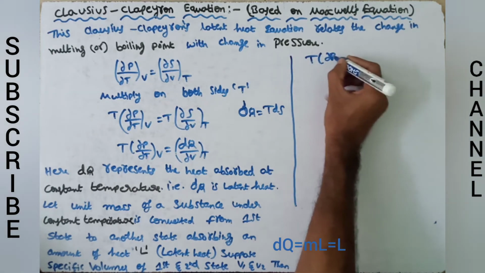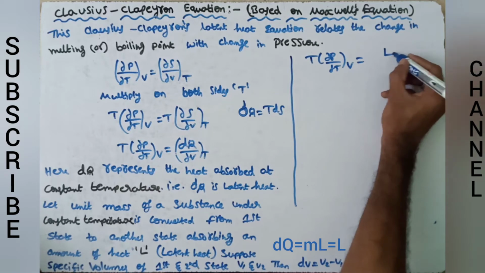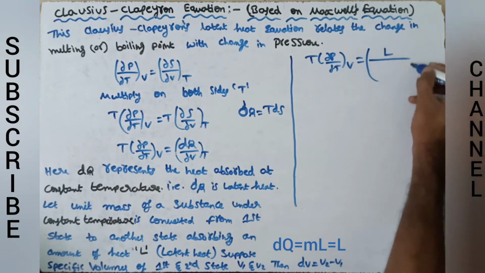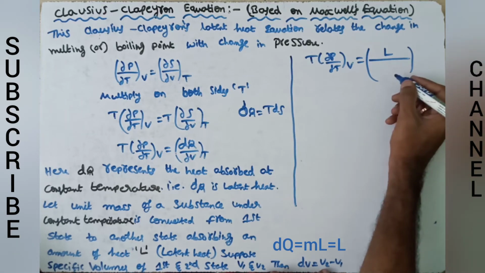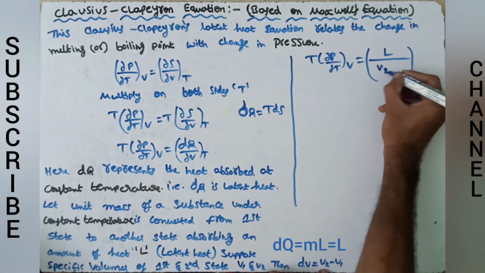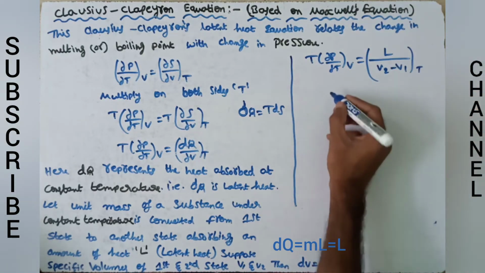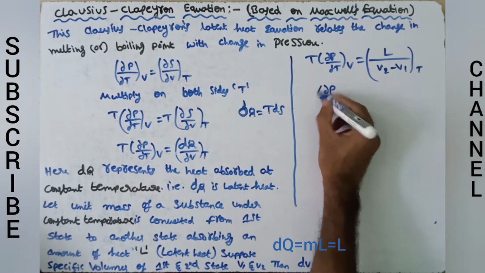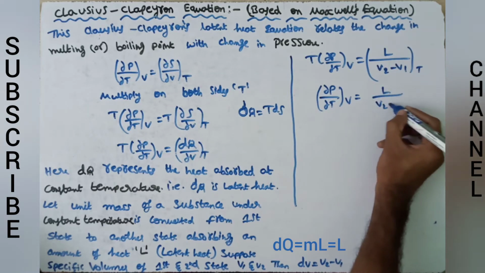T into ∂P/∂T at constant V is equal to, in place of dq we substitute latent heat, which is absorbed at constant temperature. And in place of dV, the volume changes from V1 to V2, so the change in volume is V2 minus V1, at constant temperature T. We know this is the Clausius-Clapeyron equation: dP/dT at constant volume equals L by T(V2 minus V1).